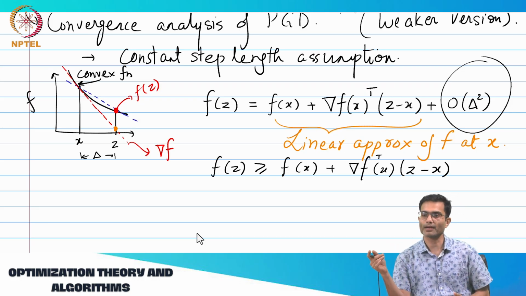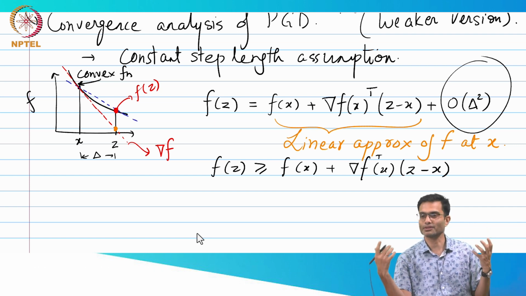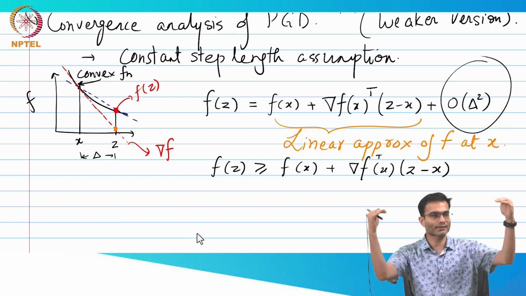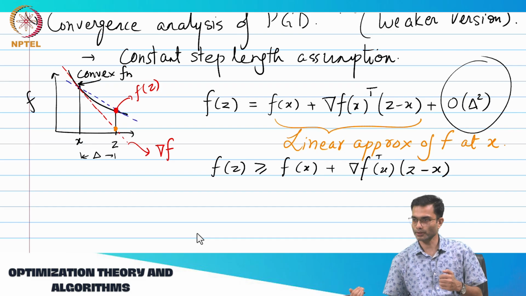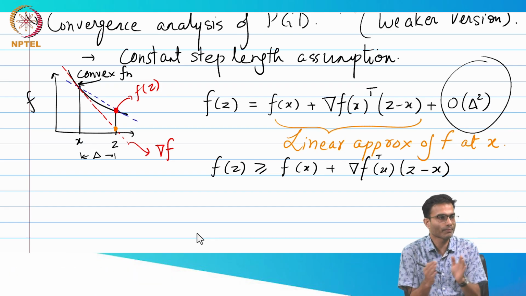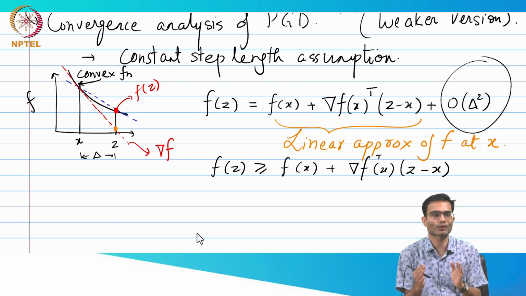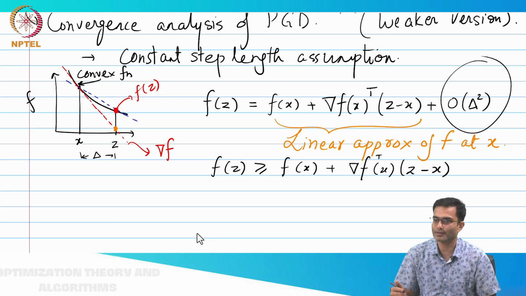If you remember, we had that Zoutendijk condition when we had done the previous convergence. The trick that we had used there was telescoping of a series in such a way that f at the optimal point and f at the initial point was all that was left. If I can bound this distance in some way, I will arrive. So that's the strategy.